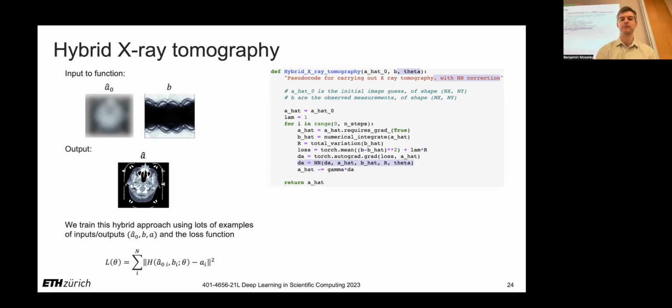So we're just saying, maybe we'll just learn a correction to that. So we already have a lot of information in DA here about the forward physics model, about how close we are to the solution, etc. So I would argue that there is enough information to learn a better correction, perhaps, especially if you're training it with lots of examples in this outer loop.